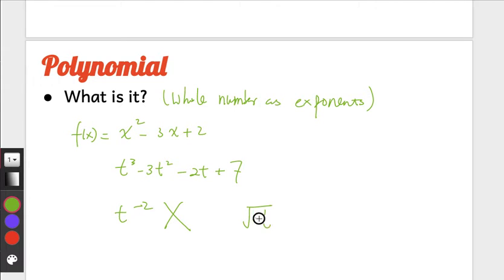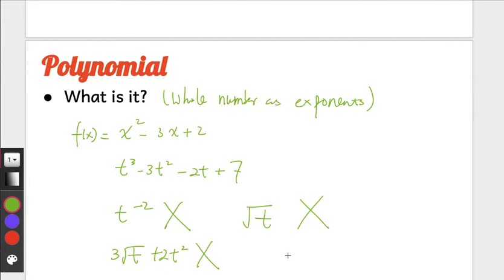Another one, this is also not a polynomial, because if you convert this to exponents, it's going to be a fraction. In the future, we're going to talk about this. So this is not a polynomial. If you see something like this, even though I have a whole number here, it's not a polynomial.